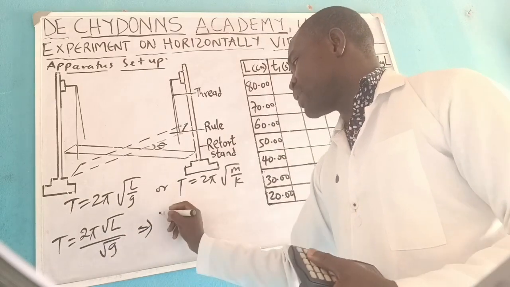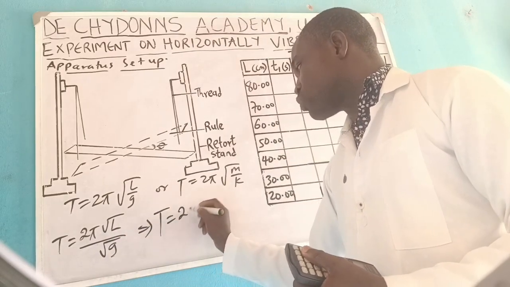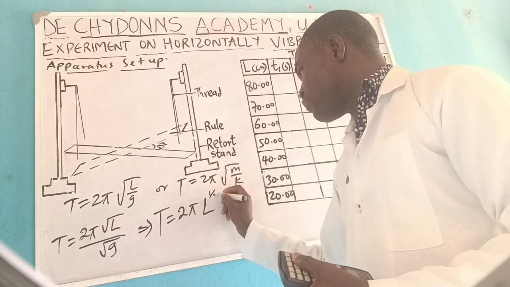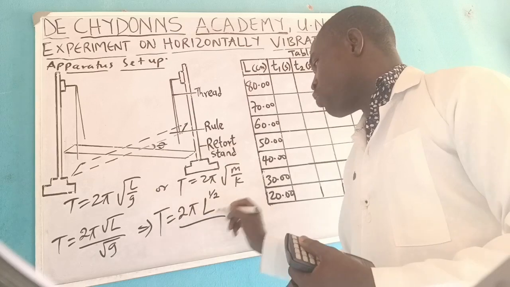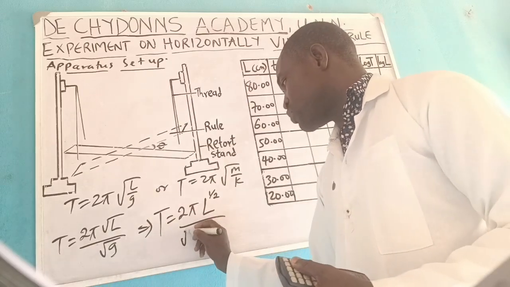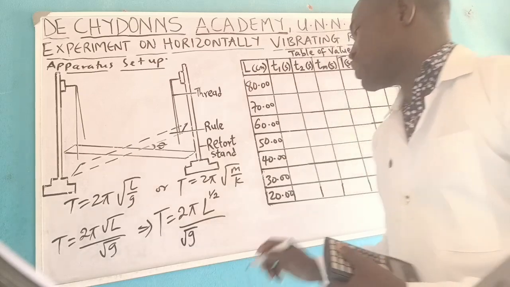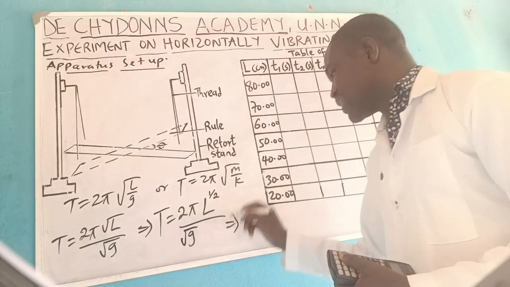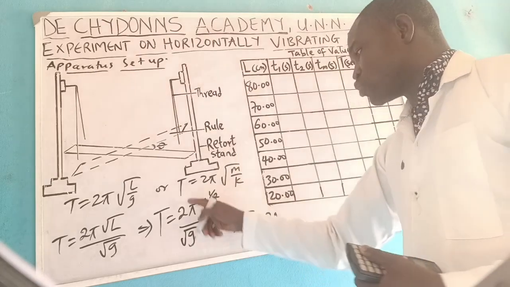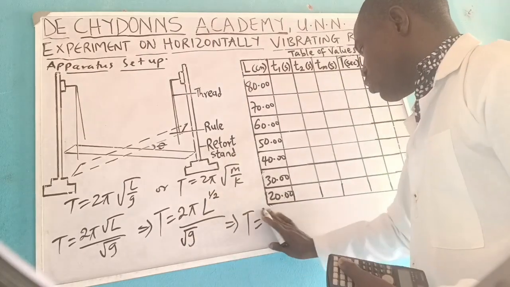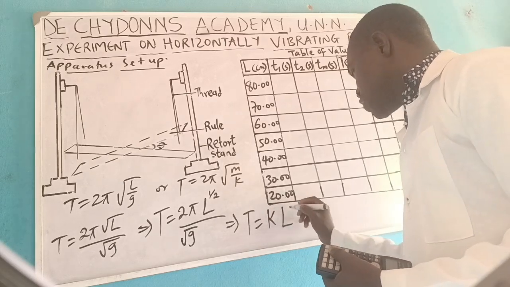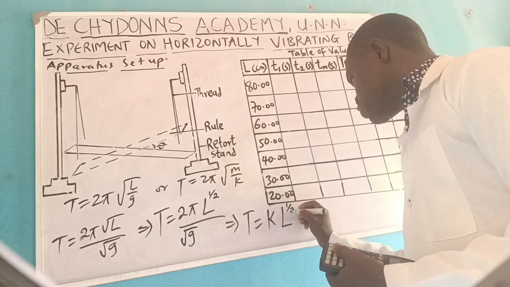This simply means T equals 2 pi, root L means L raised to power 1 over 2, all over root g. So T equals 2 pi over root g, times L raised to power 1 over 2.